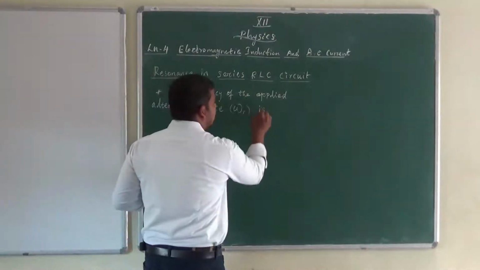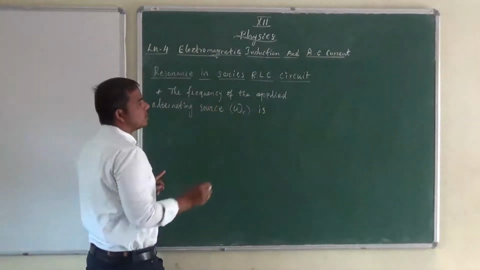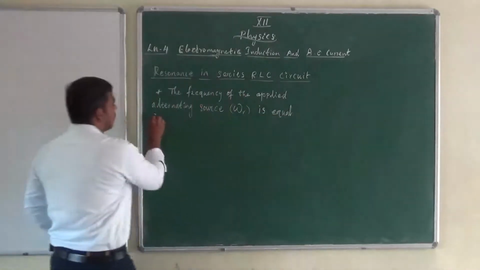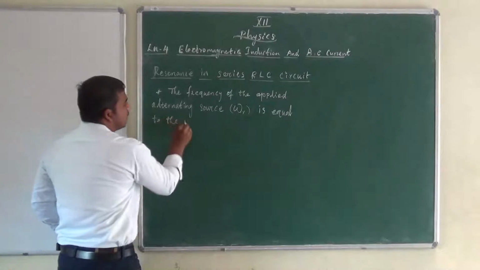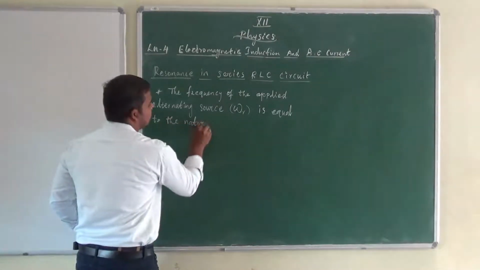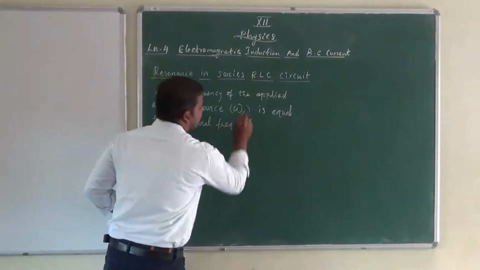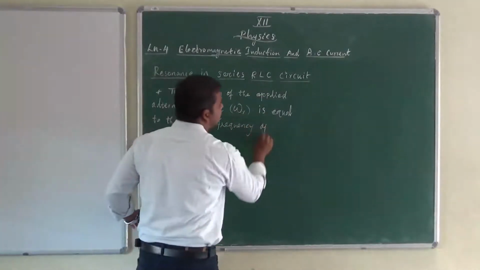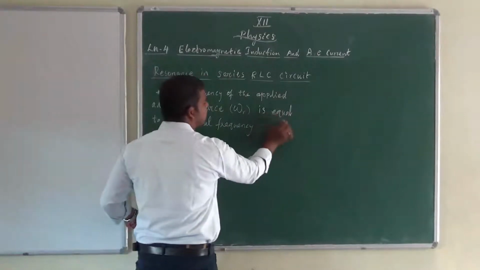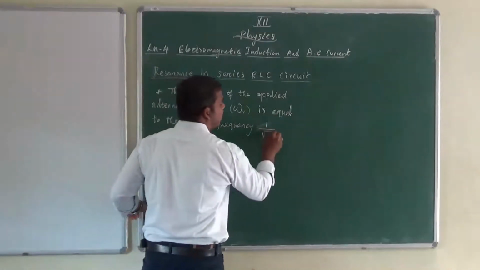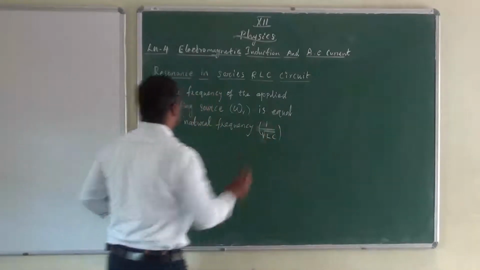The frequency of the alternating source is equal to the natural frequency. What is natural frequency here? Natural frequency is defined as 1 by root of LC.